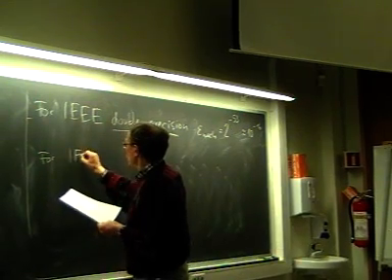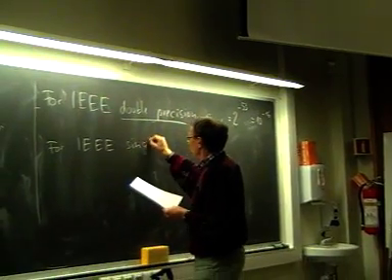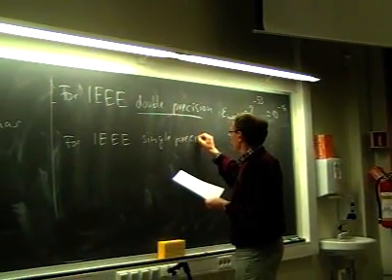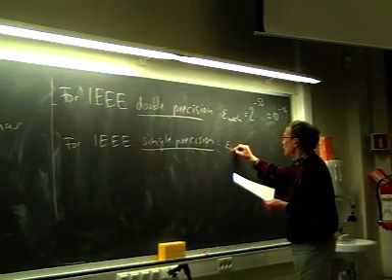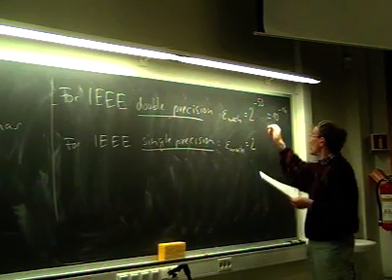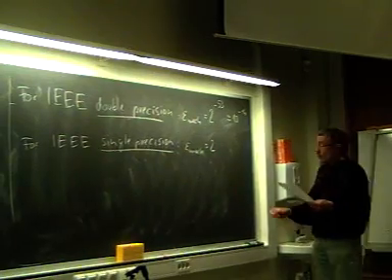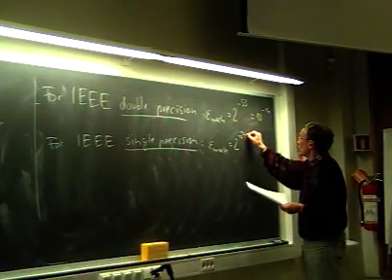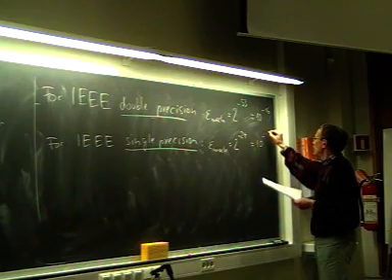For IEEE single precision, we have the machine epsilon according to the number of bits for the fraction, that was 24, including the one for the normalization. And that is around 10 to the minus 7.